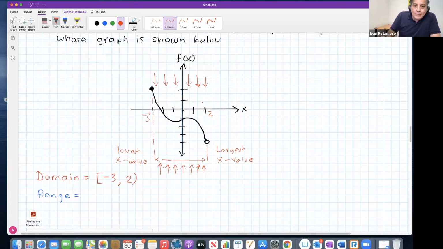Range, how you catch the range. For the range, similarly, you're going to look at the highest or largest output value here and the lowest output value here, right? Highest Y value, lowest Y value.